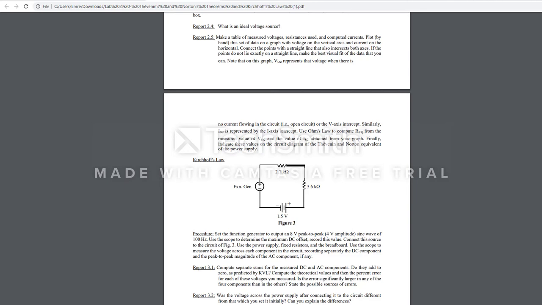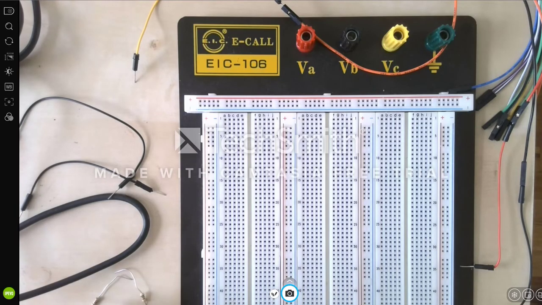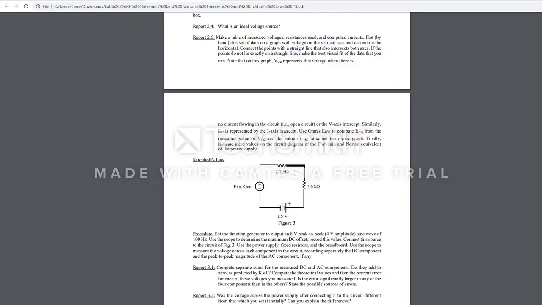Alright, in the second part, we will construct the circuit in figure 3. We need a 2.7K resistor. We will connect 2.7K and 5.6K in series.